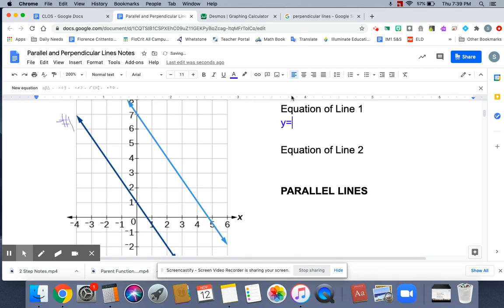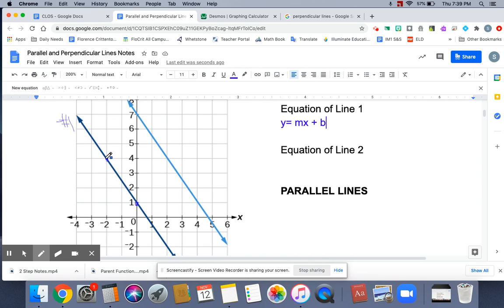So equations are always y equals mx plus b. So if I start with the slope, I find one perfect point. Here's one. And the next perfect cross seems to be right here.